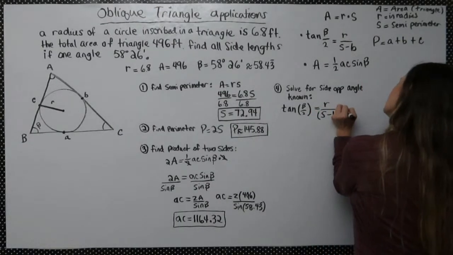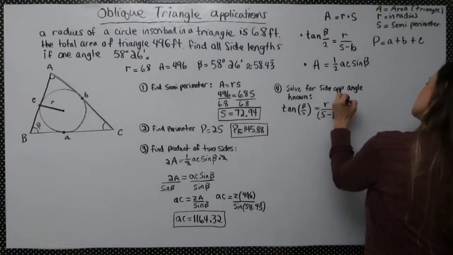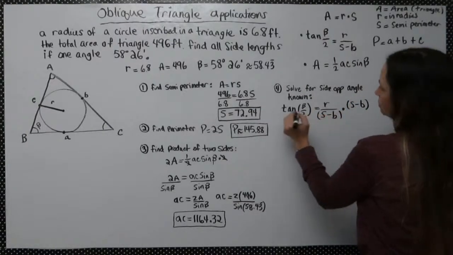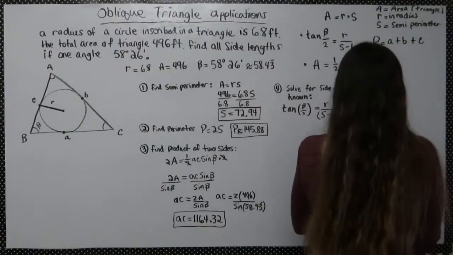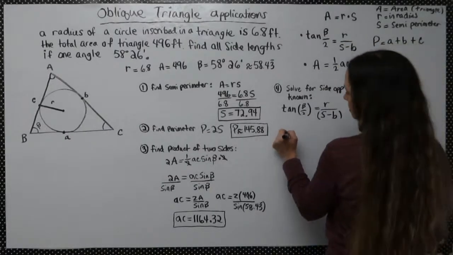And we've got to multiply by the quantity in the denominator, making the quantity 1. So we're going to multiply both sides. Actually, I want to rewrite it in a new step.